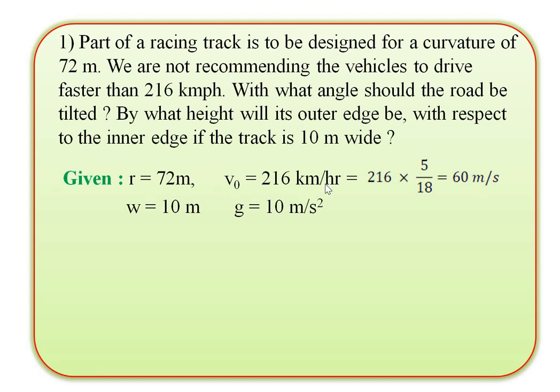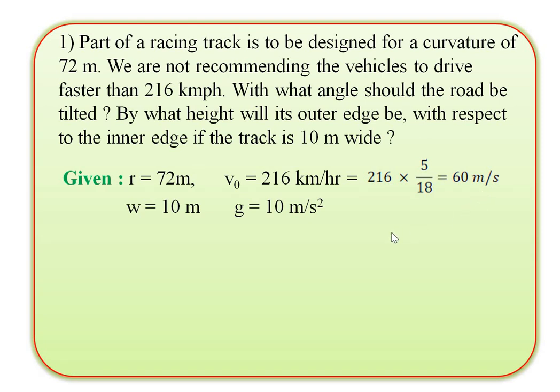That means 1 kilometer per hour is equal to 1000 divided by 60 into 60, which gives the simple factor 5 divided by 18. That means velocity is 216 into 5 divided by 18, which is equal to 60 meter per second.